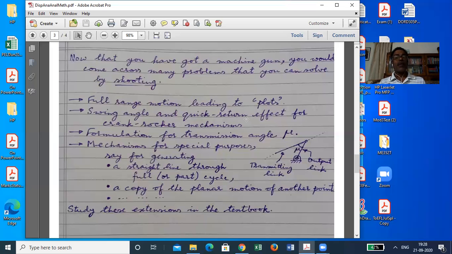Double crank mechanisms have another purpose, and that is for transmitting continuous, cyclic motion continuously.